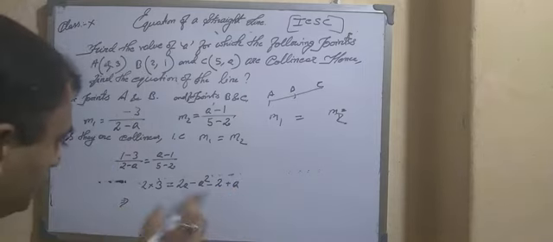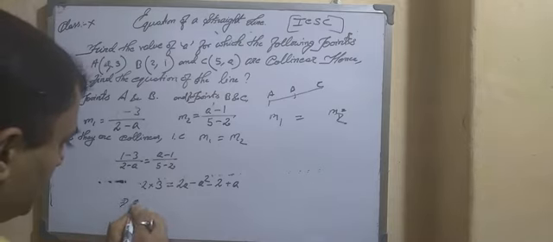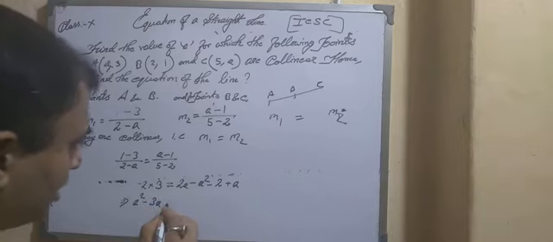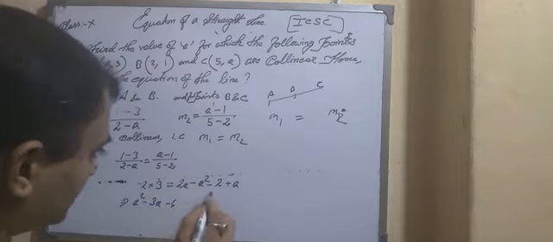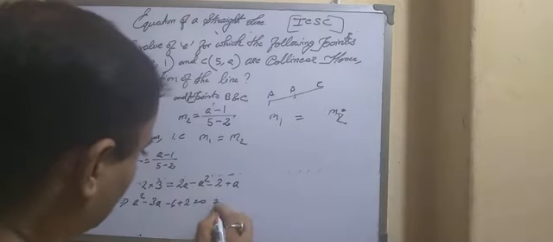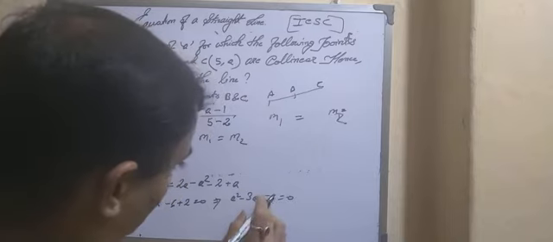Getting all the terms on the left side, a square minus 3a minus 6 plus 2 equal to 0. That means a square minus 3a minus 4 equal to 0.